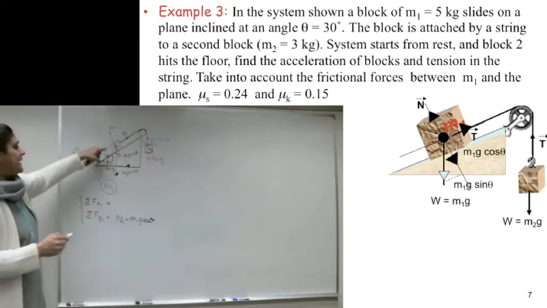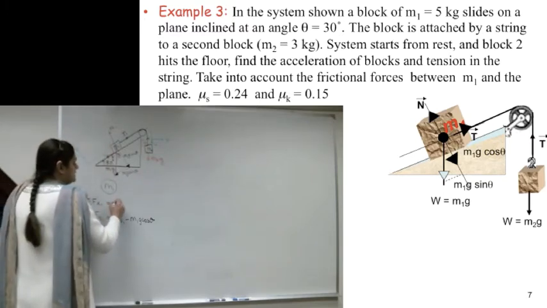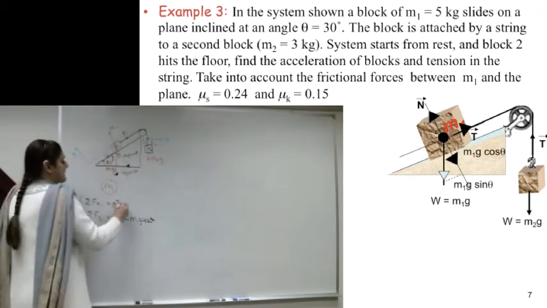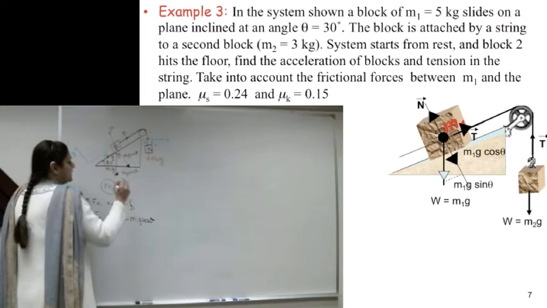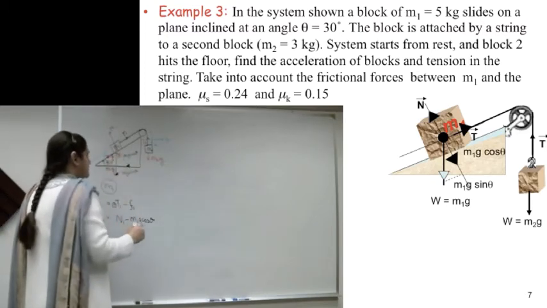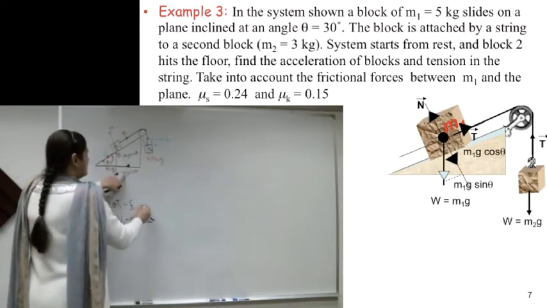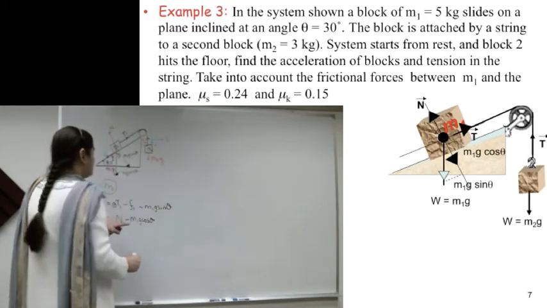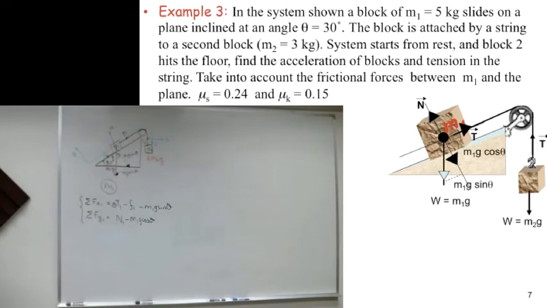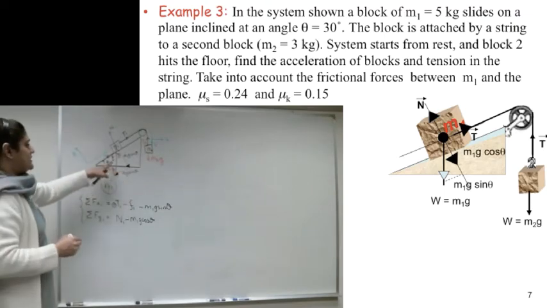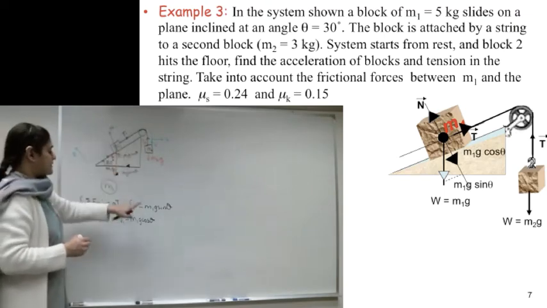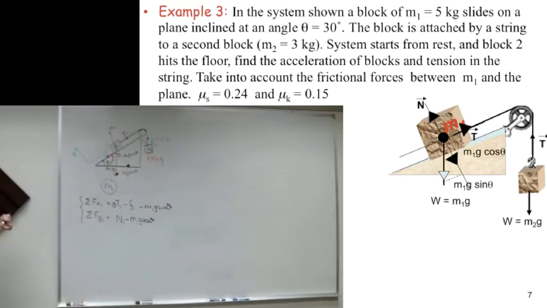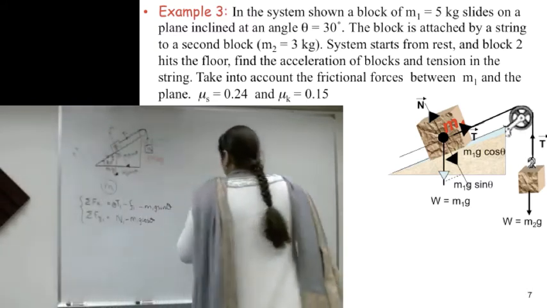And for F1x, it is going to be tension 1, which is plus, because it points in that direction, minus frictional force 1, which points in that direction, and minus M1G sine theta. Do you see how that works? I have this force, and that force. All of them will come into F1y. Okay? Now, for M2, what do I have?